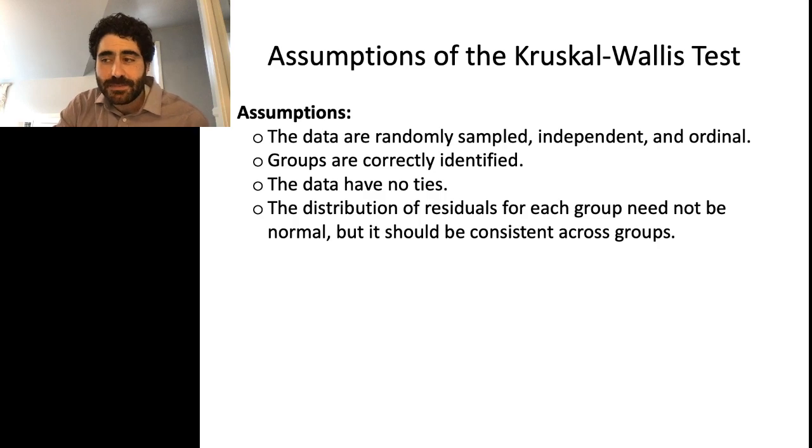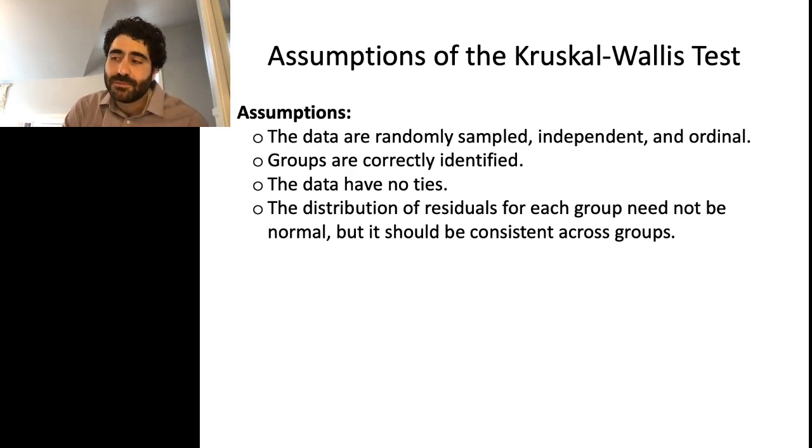And really the main thing this buys us is that we don't need the groups to have normal distributions anymore. We do need the variance to be roughly similar across the groups. Or I should say the distributions have to be roughly similar across the groups, but they don't have to be normally distributed.